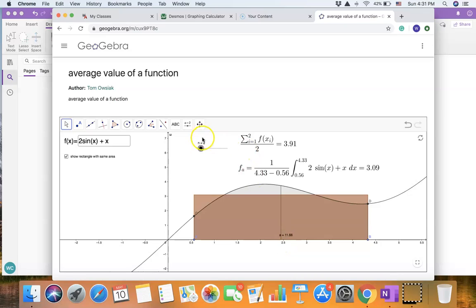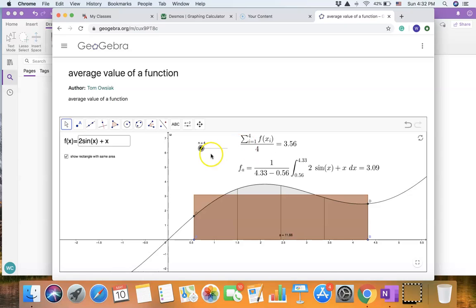Now if we increase the value of n to 4, in the numerator we have 4 function values, and in the denominator we divide by 4. This is like how teachers figure out the average score of a class. The teacher just adds the grade of every student and then divides by the number of students taking the test.